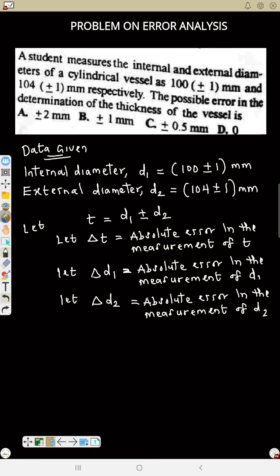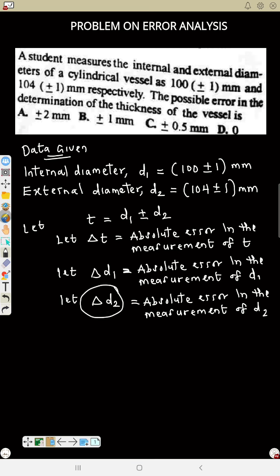So, okay, we have everything. Let delta T be the absolute error in the measurement of T, that is the thickness. Let delta D1 be the absolute error in the measurement of D1, that is the first diameter, that is internal diameter.